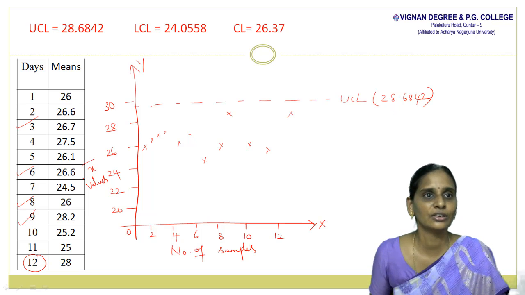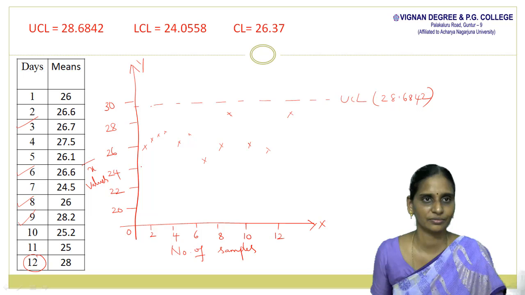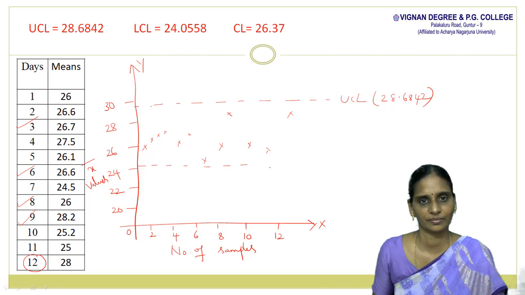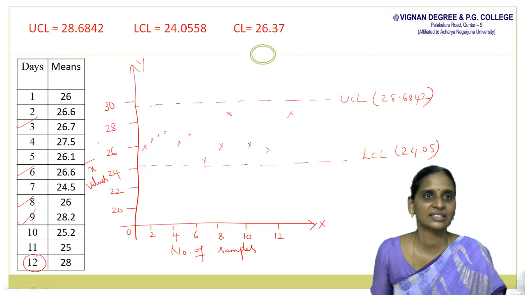And the value of LCL is 24.05. This is LCL, 24.05, and the CL is 26.37.